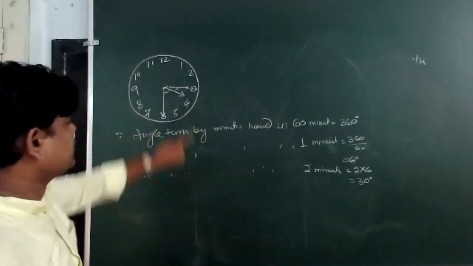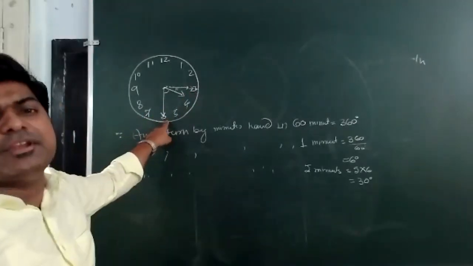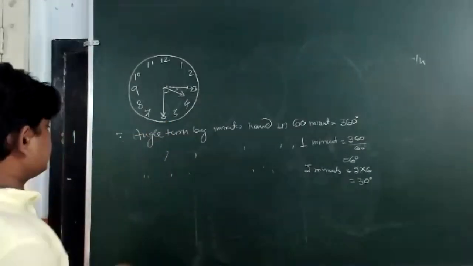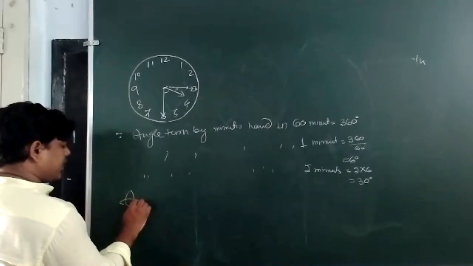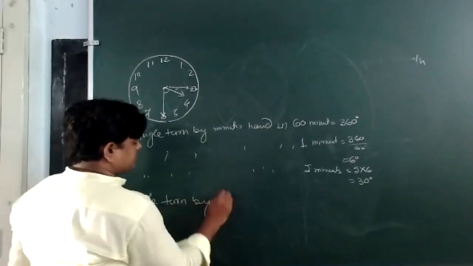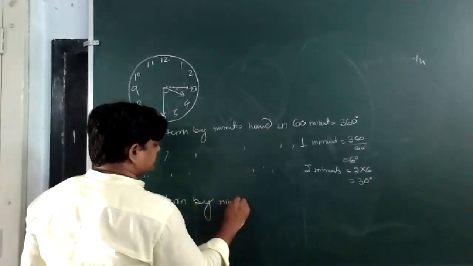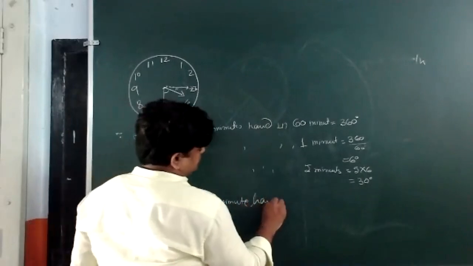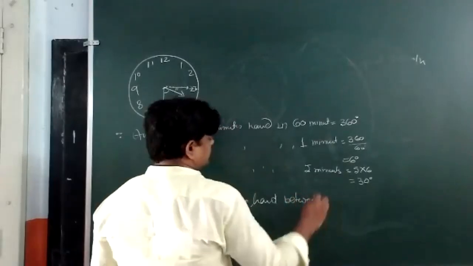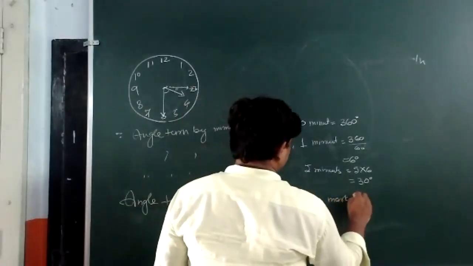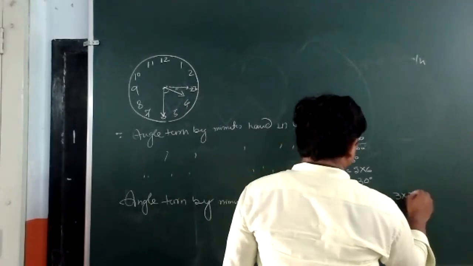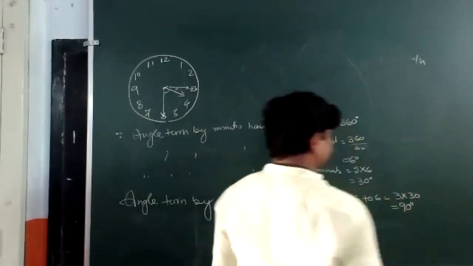As I told you, from 3 to 6, that angle will be 90 degree. I told you or not? So what I can say, the angle turned by the minute hand between mark 3 to 6 is equal to 3 into 30, that is equal to 90 degree.